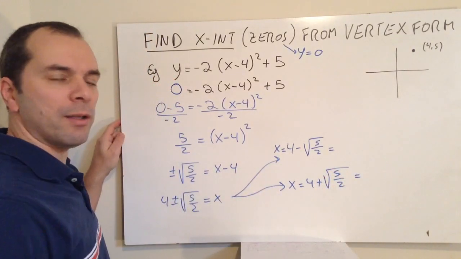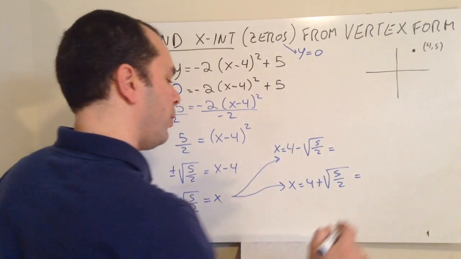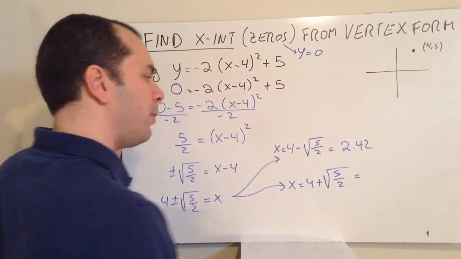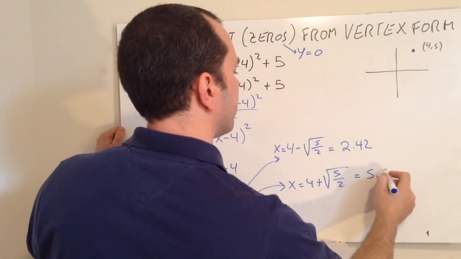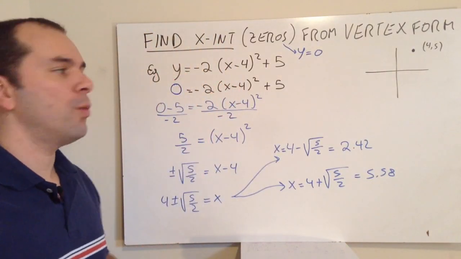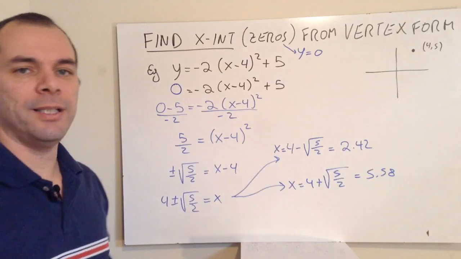And I put this into my calculator earlier on, and we get 2.42 and 5.58. So those are the two places where the parabola will cross the x-axis.